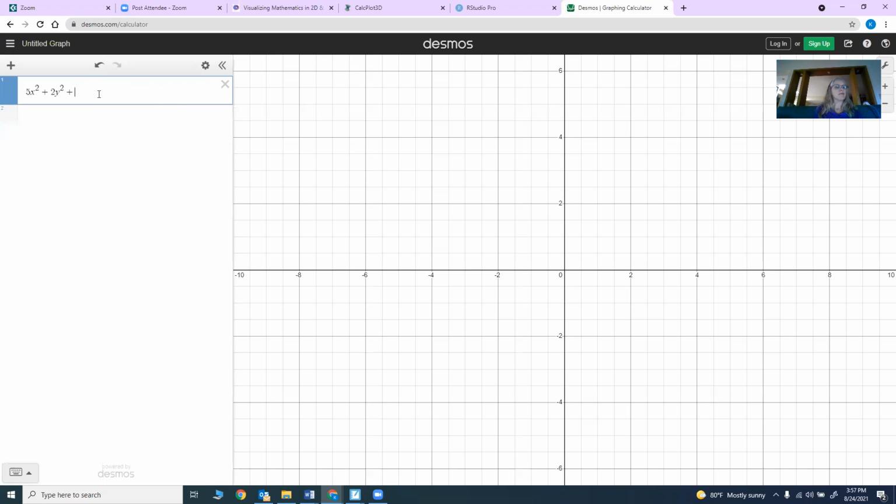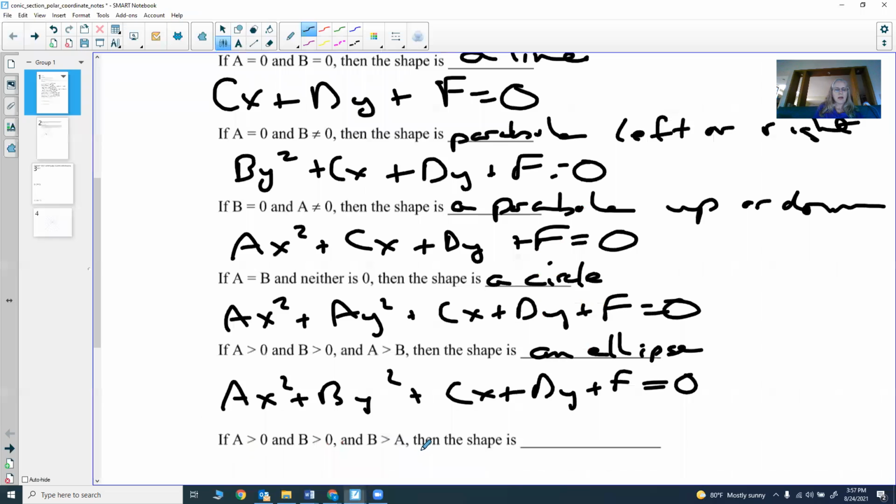Actually, we'll just make it equal to 5. There we go. So here the x is bigger than the y. So the a is bigger than the b in this case. And notice you've got it elongated along the y-axis. So we can say that this was an ellipse along the y-axis.